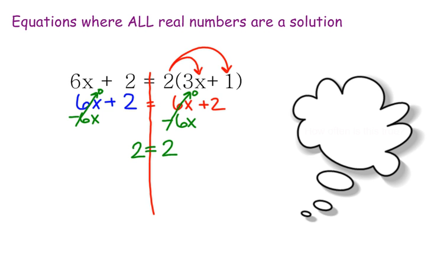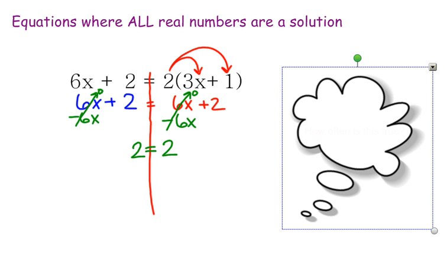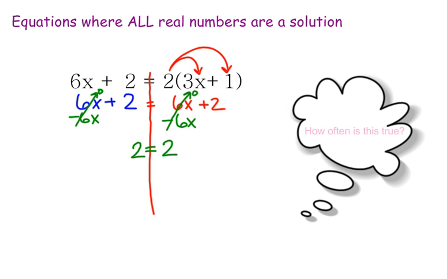2 equals 2. That's kind of weird also. So I need to ask myself, how often is this true? How often is 2 the same thing as 2? Well, that's always true. This is always true.